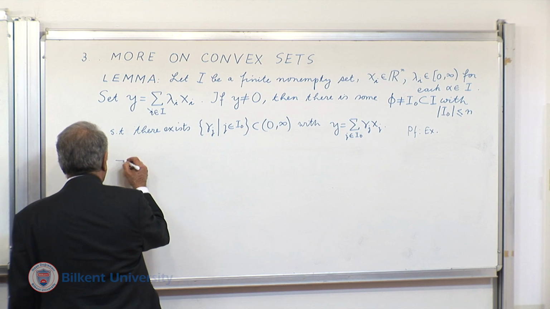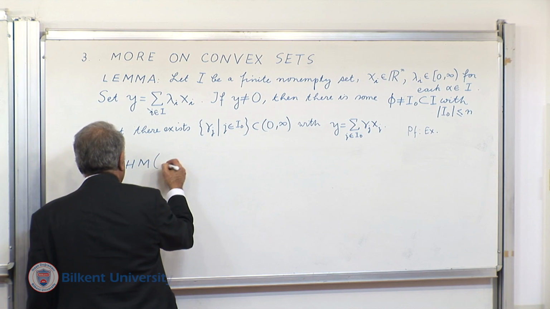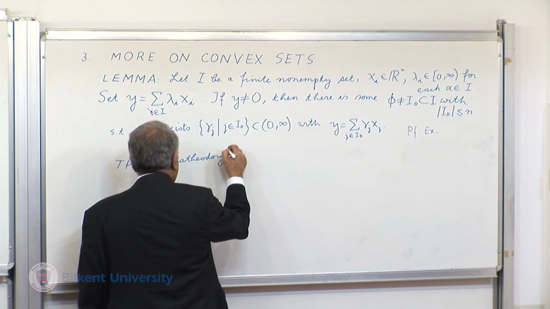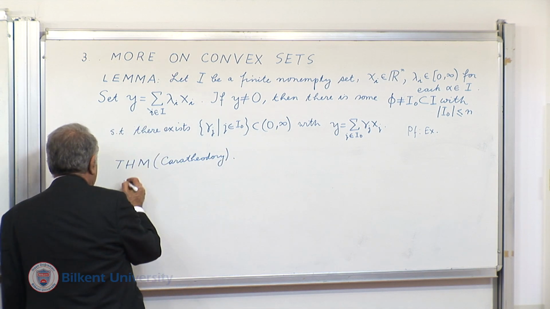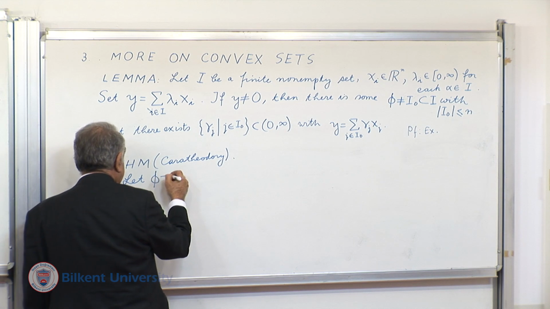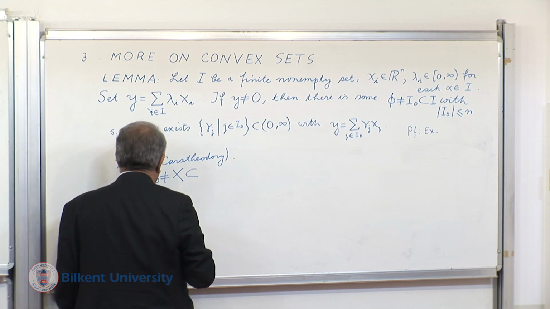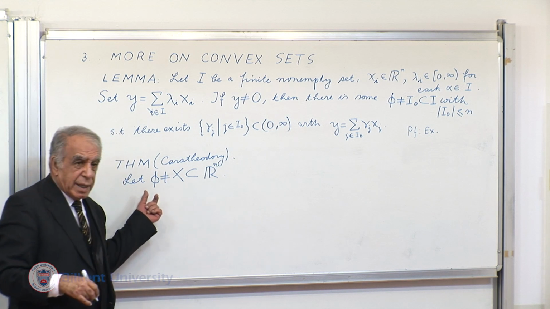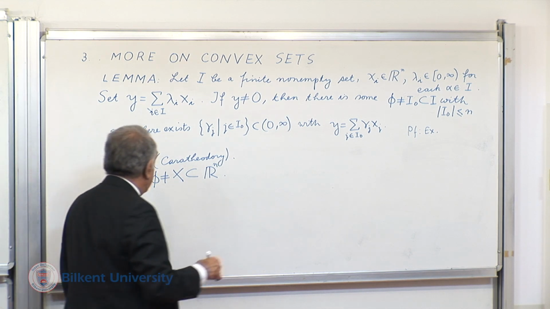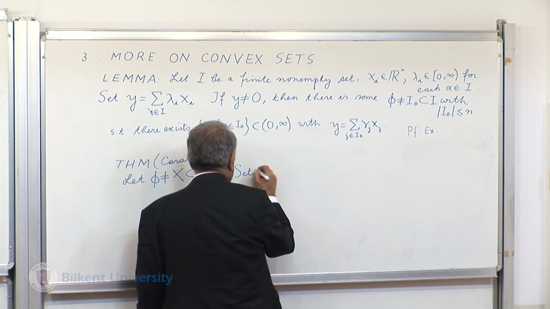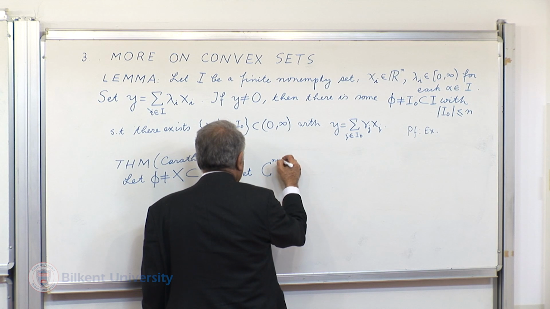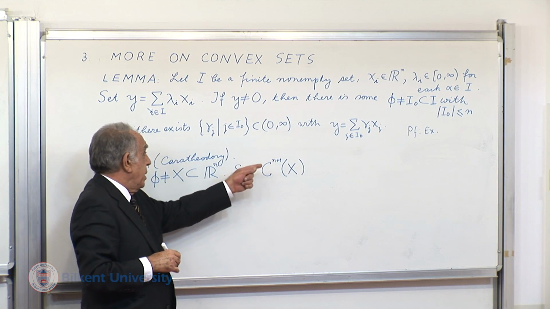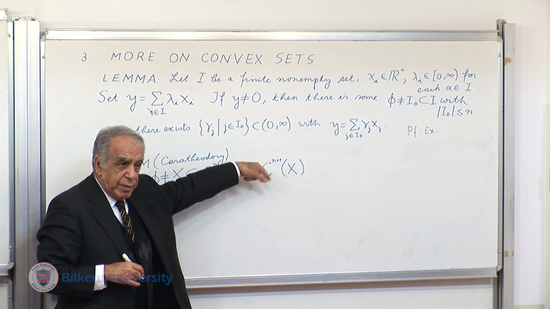Now we have our theorem, which is due to Caratheodory. We take a non-empty subset of Rn. We will characterize the convex hull of this set. We set C n plus 1 of X. Here, this n is the dimension here. It's not for any n.